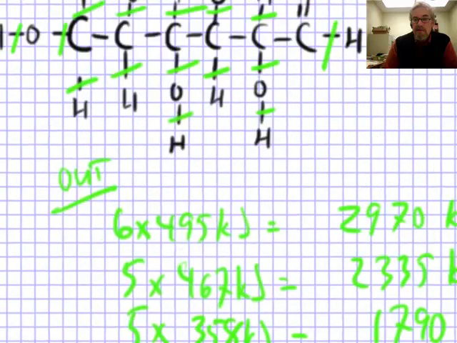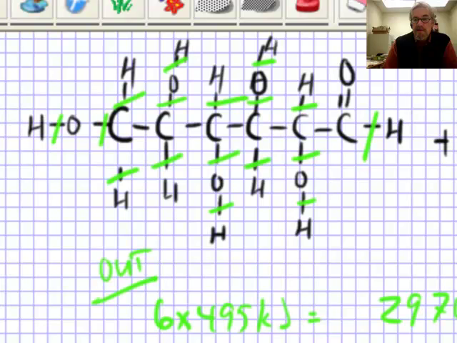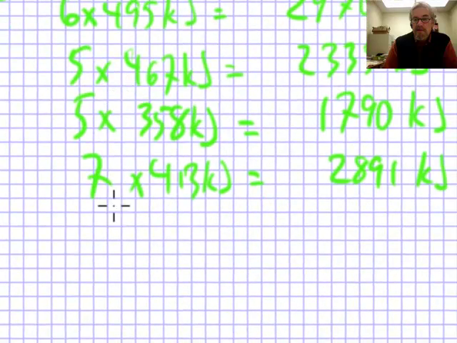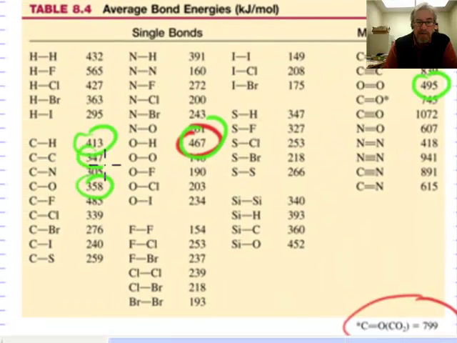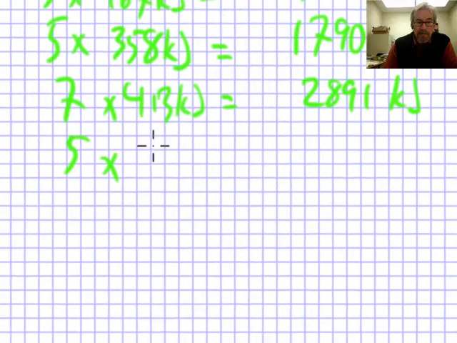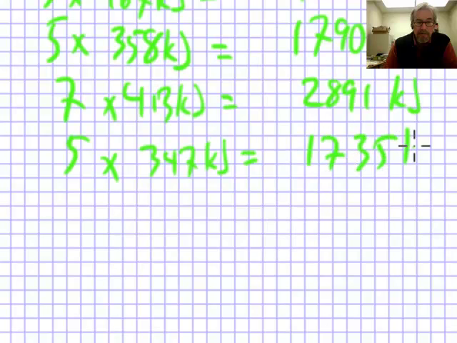What's left? Well, we have that C=O double bond, and we have some CC bonds as well. So we're going to form 1, 2, 3, 4, 5 carbon-carbon single bonds. A carbon-carbon single bond is 347 kilojoules. When we form 5 of them, we will release a total of 1,735 kilojoules.